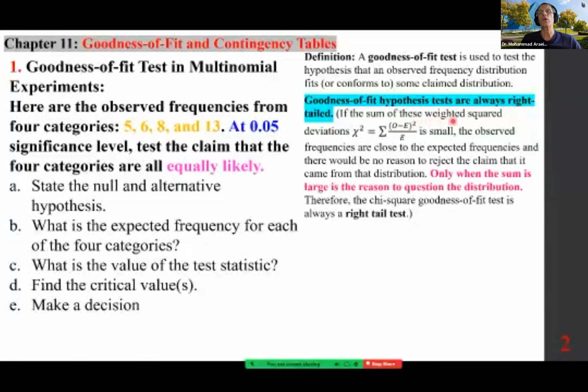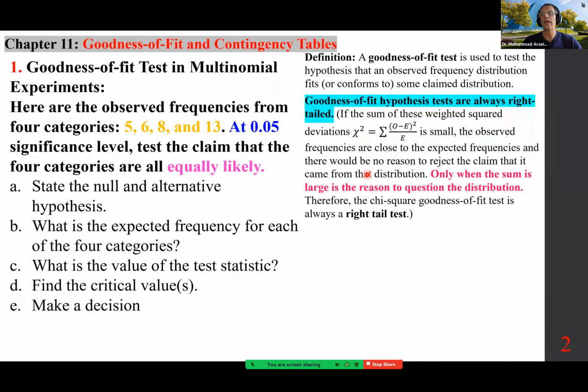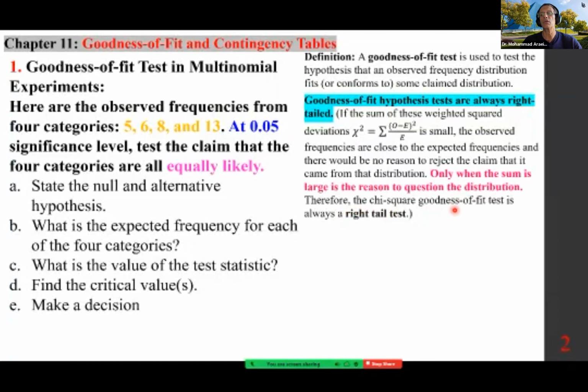If the sum of these weighted squares, chi-squared, the summation of O minus E quantity squared over E, where O is observed and E is expected, is small, the observed frequencies are close to the expected frequencies, and there would be no reason to reject the claim that it came from the distribution. Only when the sum is large is there reason to question the distribution. Therefore, the chi-square goodness of fit test is always the right-tail test.